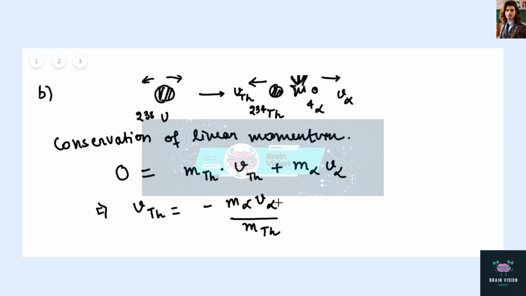Now, what you see, you need the total mass and the total velocity of the alpha nucleus moving. Otherwise, you can't solve for the V thorium. So how do we find that first? For that, we need to go further into energy conservation.